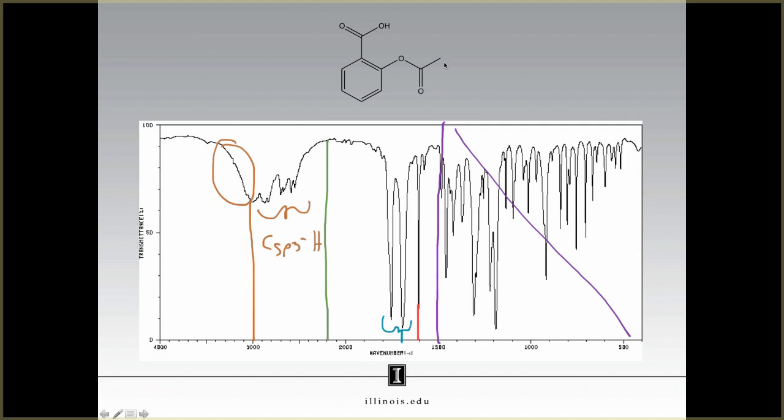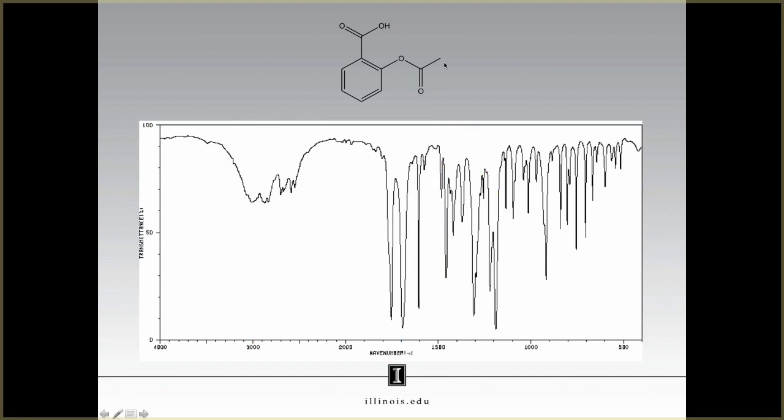It's actually difficult to say, and that's because in this region, we actually have stretches overlapping with each other. This very broad stretch corresponds to the OH located here. Unfortunately, that stretch is overlapping with what we should see for these sp2 hybridized carbons attached to hydrogens.